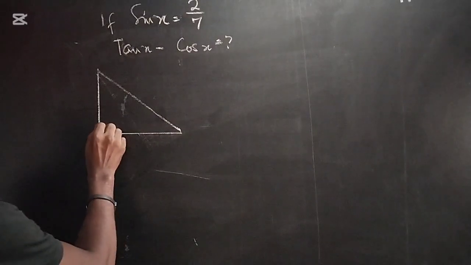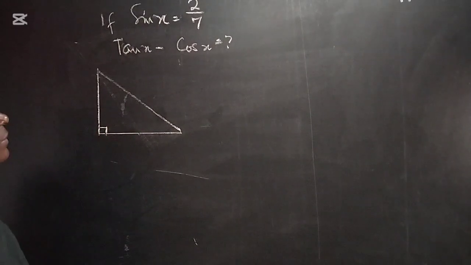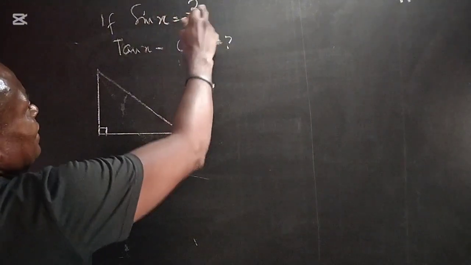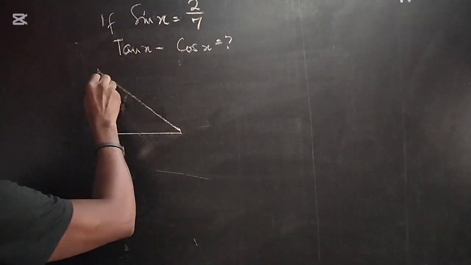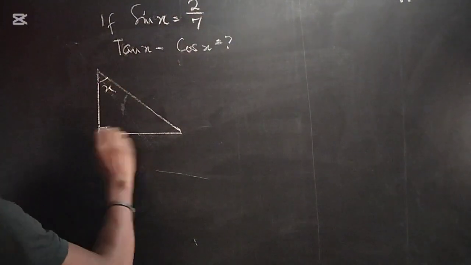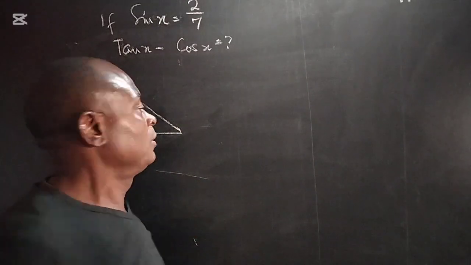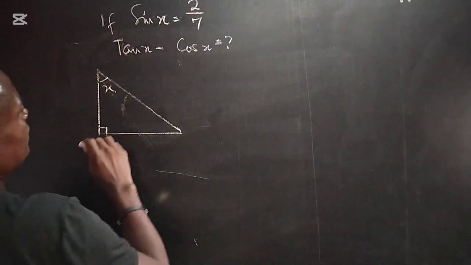If it is right angled at this point, to be able to get the sine of the angle, assuming the angle is located here, you can place the angle on any part of the diagram. All right, the angle is here.